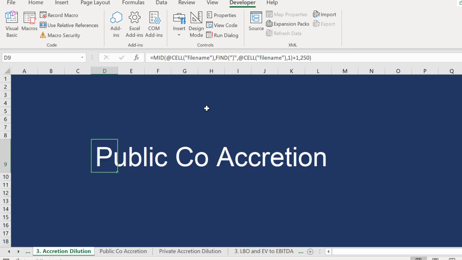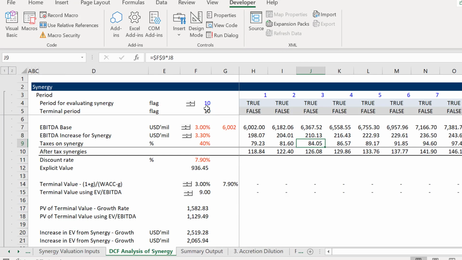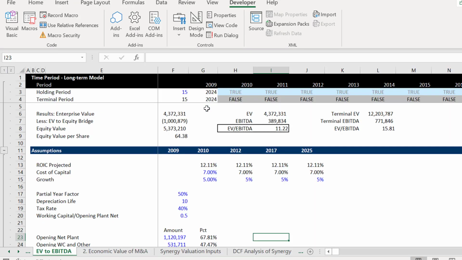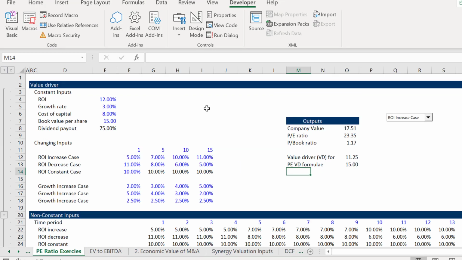Up here, when you did your PE analysis, we understood, I hope, that the reason for a PE being higher or lower was because of growth, because there was more potential for growth. Of course, when we had an increasing ROIC, we get a higher PE ratio.